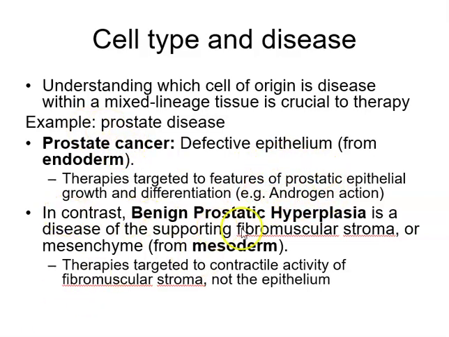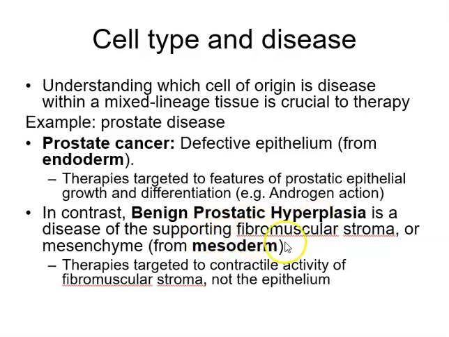In contrast, benign prostatic hyperplasia is an overgrowth of the fibromuscular stroma, which is the connective tissue, also known as the fibroblasts. Now I will use lots of words that describe effectively very similar cells. So I've mentioned periductal fibroblasts, they are fibroblasts. I've also mentioned fibroblasts, they are just fibroblasts.